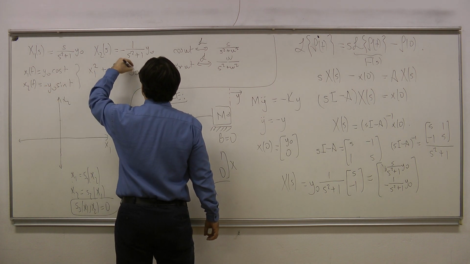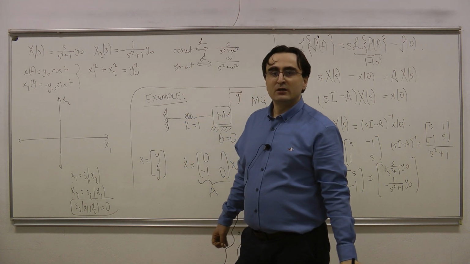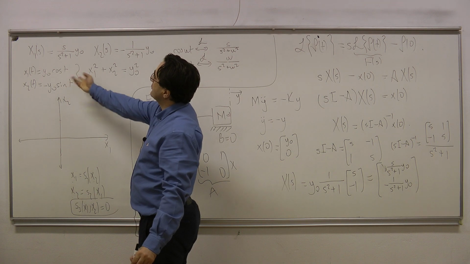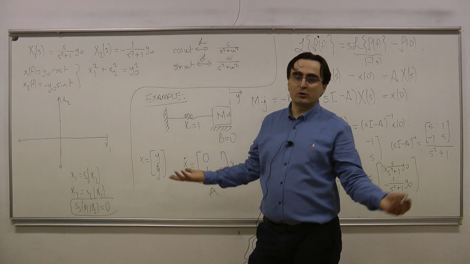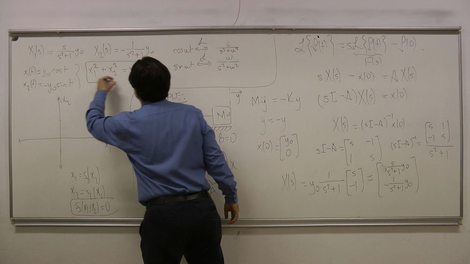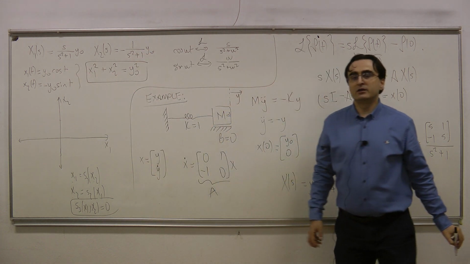If I take y0 square outside the parentheses, then inside I would have cosine square plus sine square, which is always 1, whatever t is. All right? So this is my phase plane trajectory in this case.